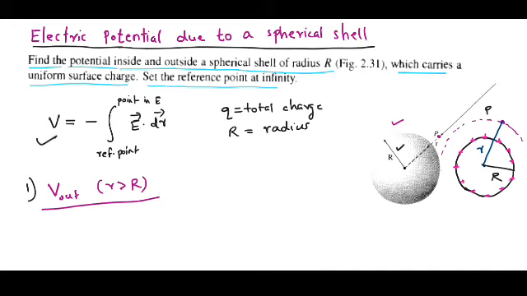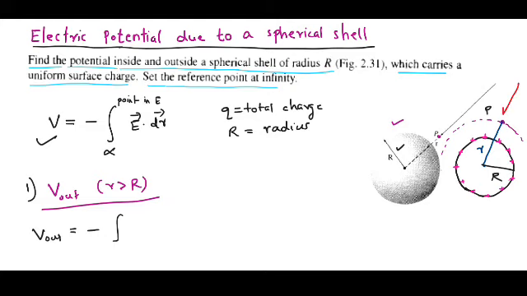V is equal to minus, from the reference point to the point in the electric field, E dot dr. Here we have to take the reference point as infinity. Therefore, first I will write the equation. The equation is V out is equal to minus, from where do I have to come? I have to come from infinity.